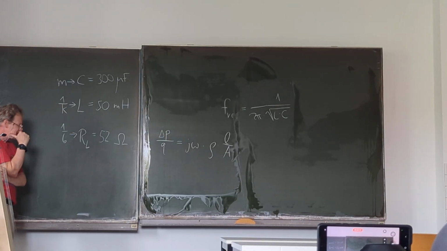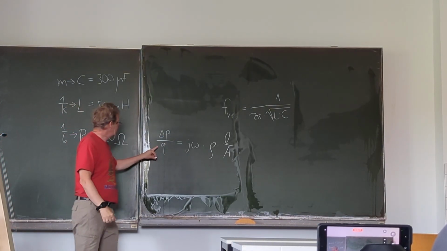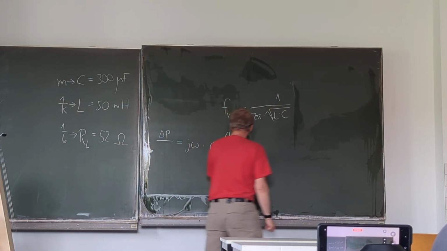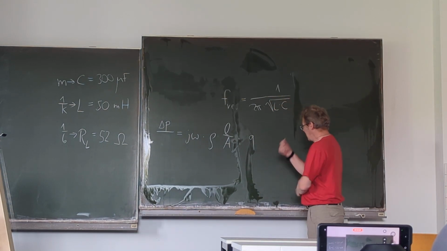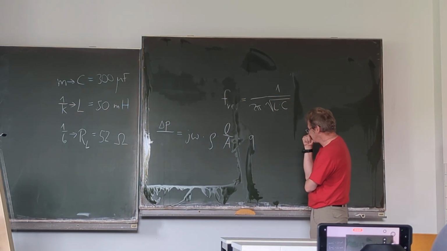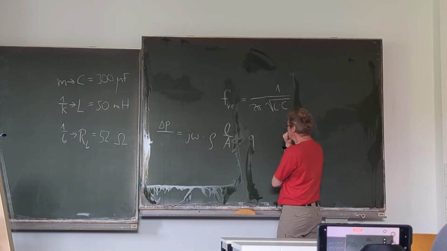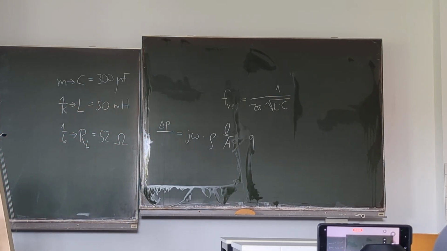And then let us see what we can do here. Let us multiply the Q on the right side. And then, well, what can we find here? Q is not just a change of the volume.